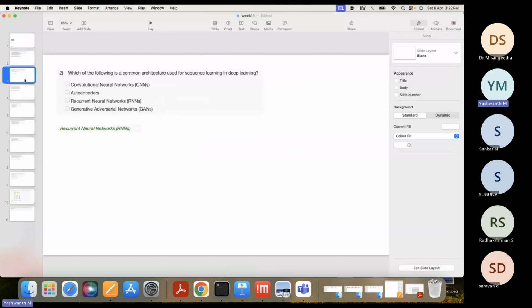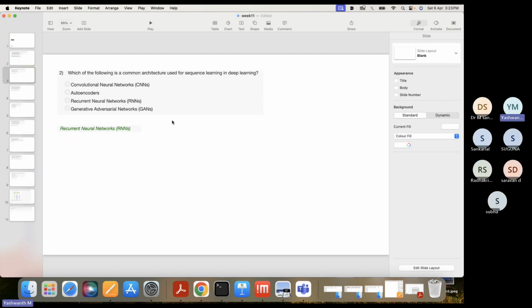Okay, so let's go to the second. Which of the following is a common architecture used for sequence learning in deep learning? CNNs, no. Autoencoders, no. RNNs, yes. GANs, no. This is simple.